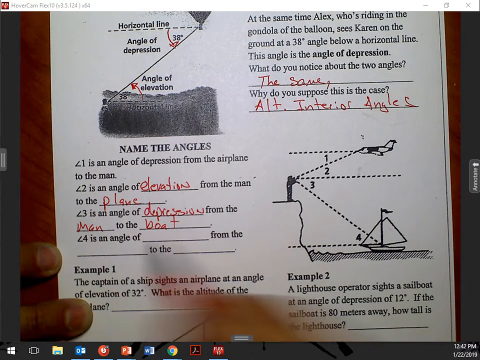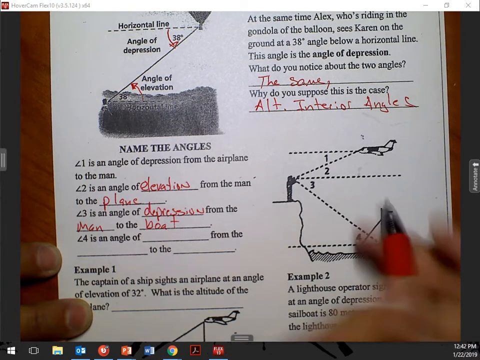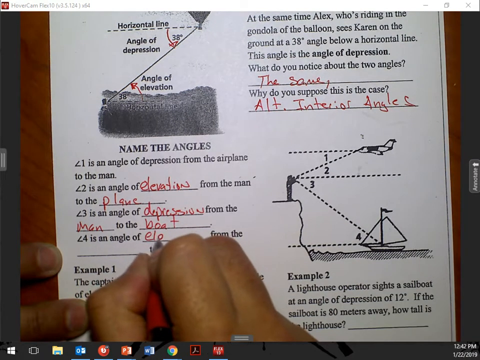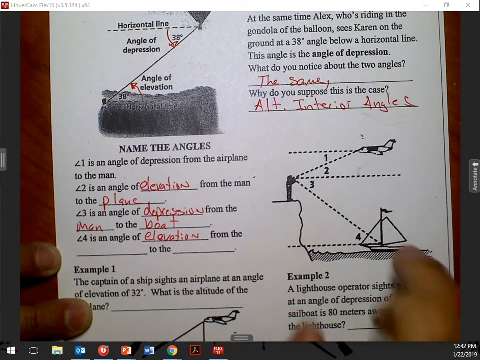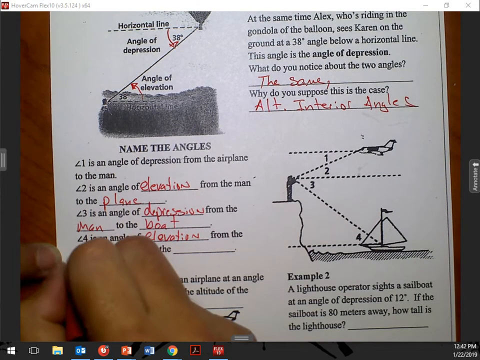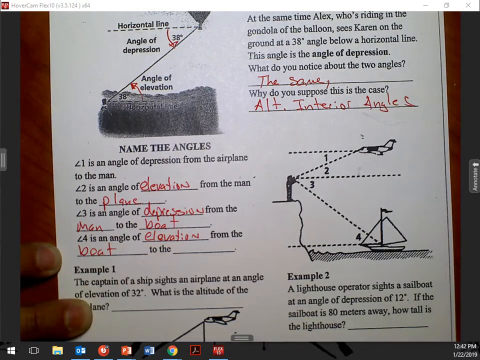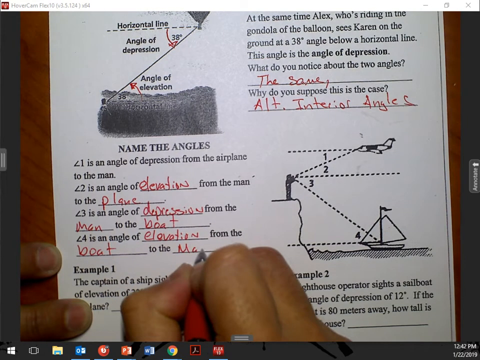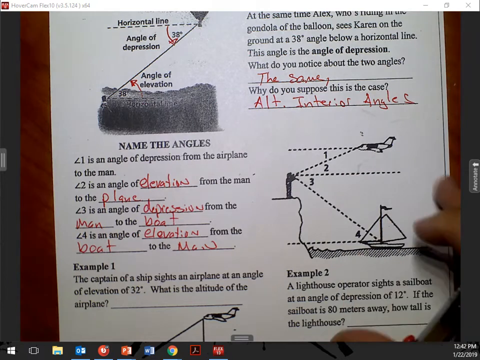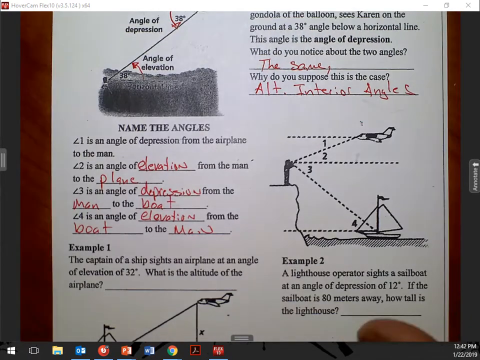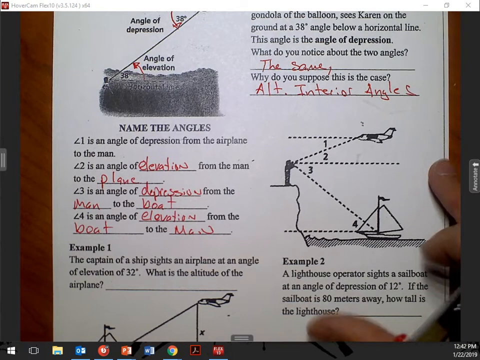Angle 4 is an angle of elevation, from the boat to the man. Make sense?